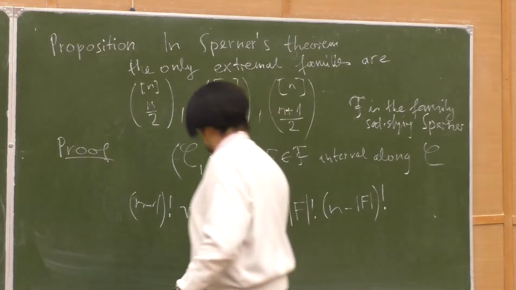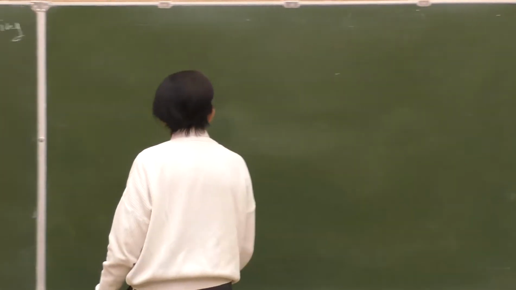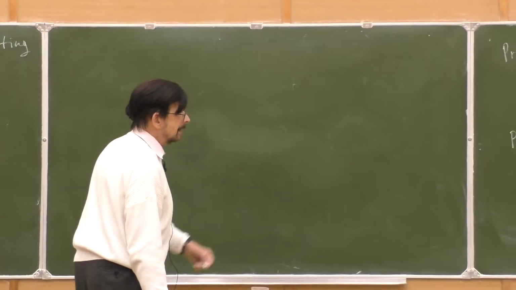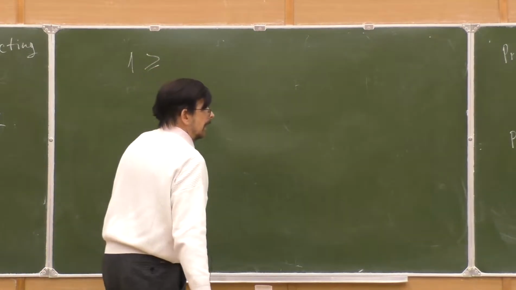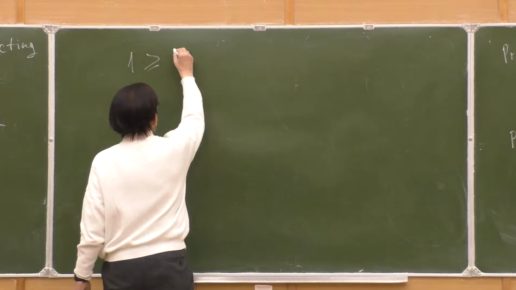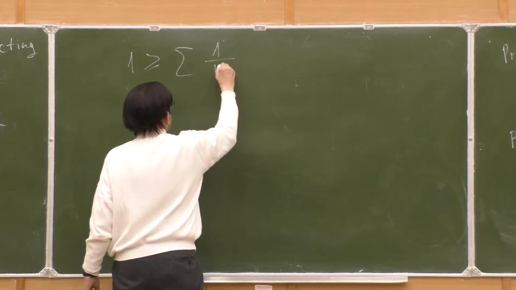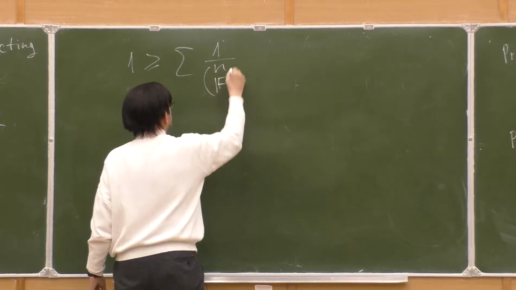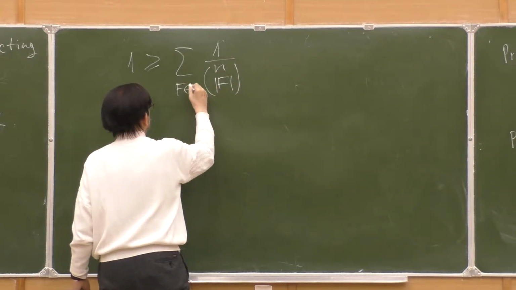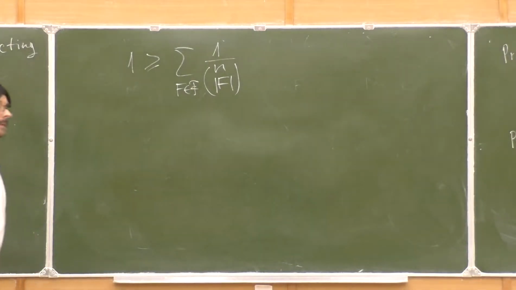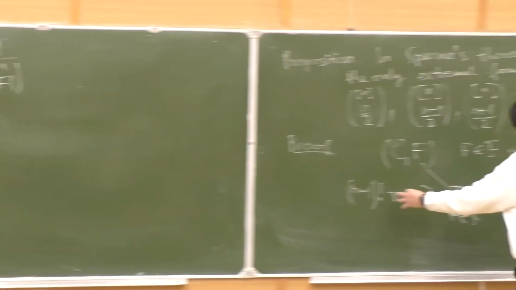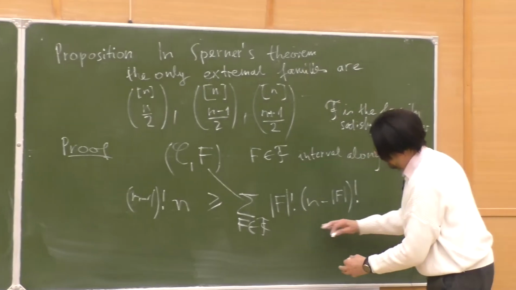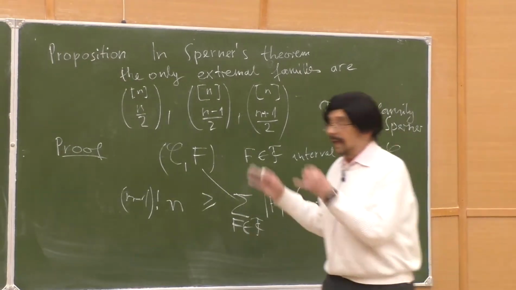And now what we obtained, dividing by n factorial, you can check it. It's correct. So we divide it here by n factorial, we get 1, and here we have the reciprocal value of n choose the size of f.